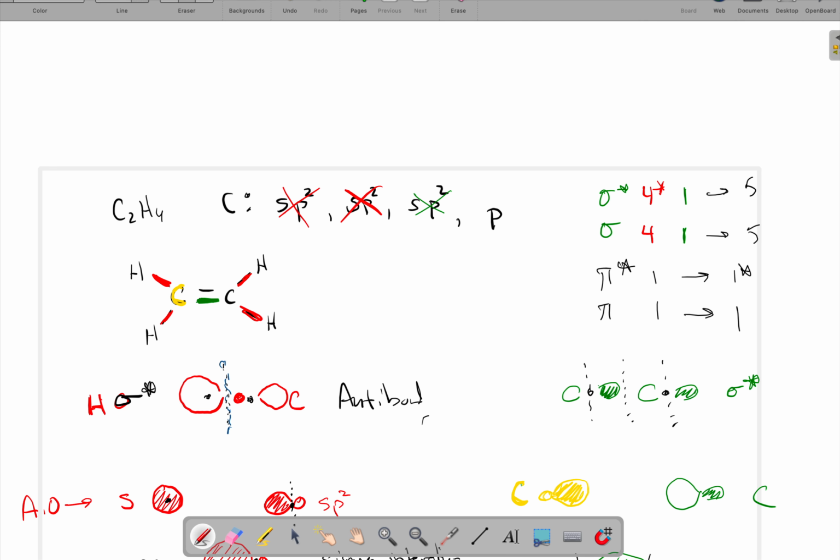Of those 12 molecular orbitals, 6 of them are bonding, 6 of them are antibonding. Of those 12, because I see that I have a double bond, and a double bond is really a combination of a sigma and a pi, I know one of those bonding interactions is a pi bond, and one of them is a pi antibond.